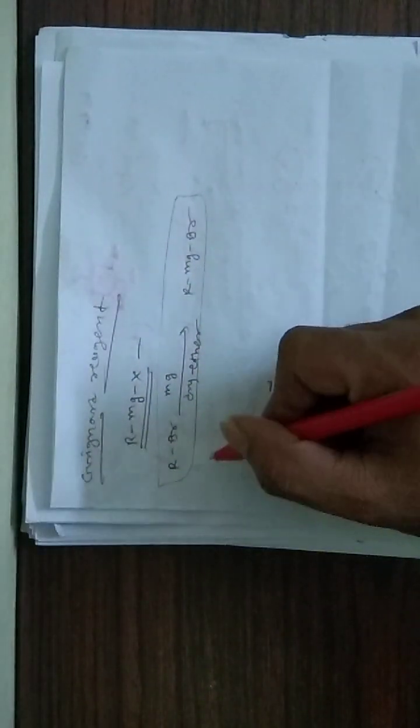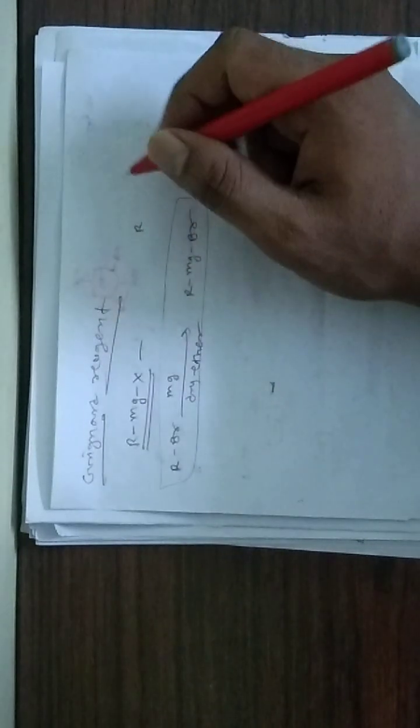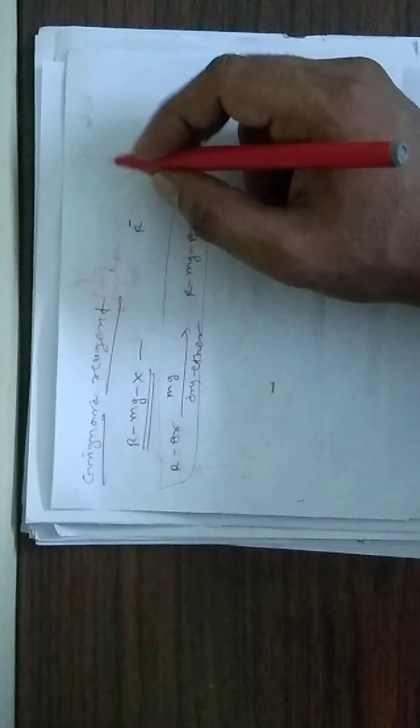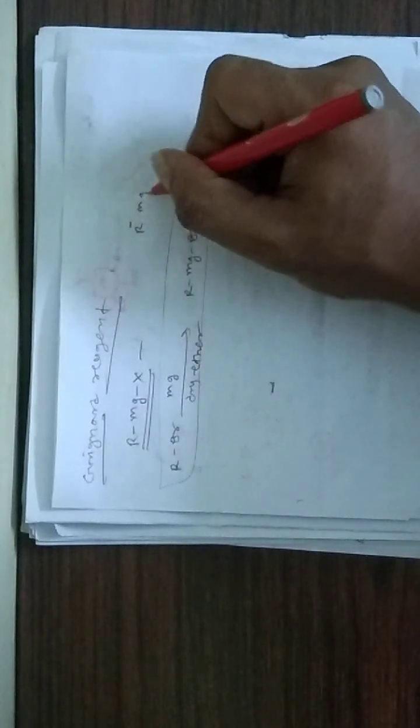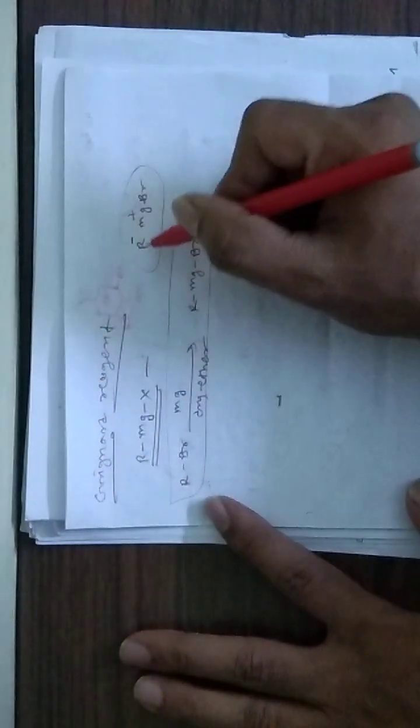Firstly, if we write the structure of Grignard reagent in charged form, there is a negative charge on the alkyl group, positive charge on magnesium, and Br is attached. So this R minus preferentially acts as a base, and then it will act as a nucleophile.